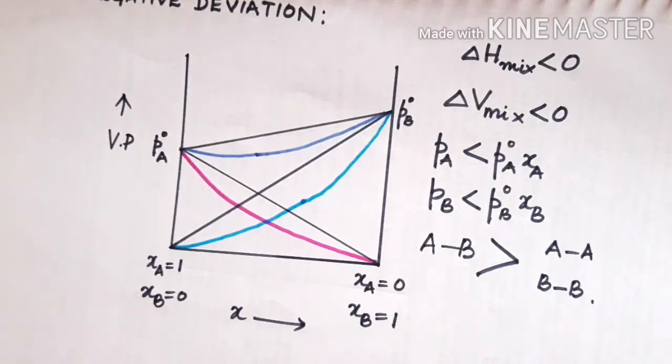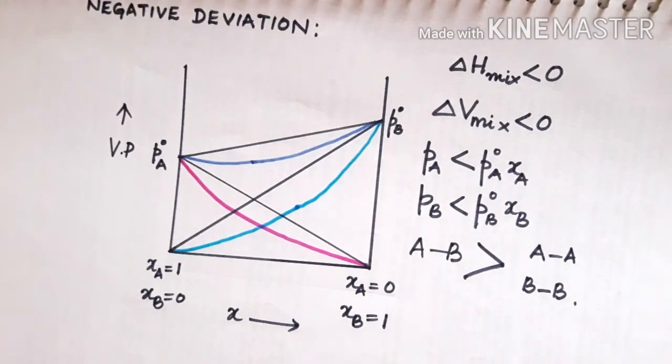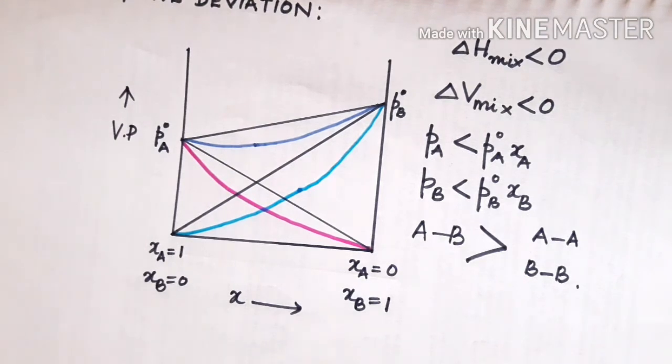So at a particular composition, the binary mixture behaves like a chemical compound where we cannot separate the components by simple distillation or fractional distillation, and such cases usually show maximum boiling point azeotropes. Solutions which show negative deviation from Raoult's law always form maximum boiling point azeotropes.